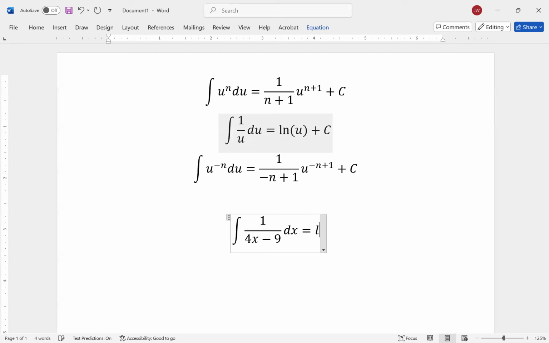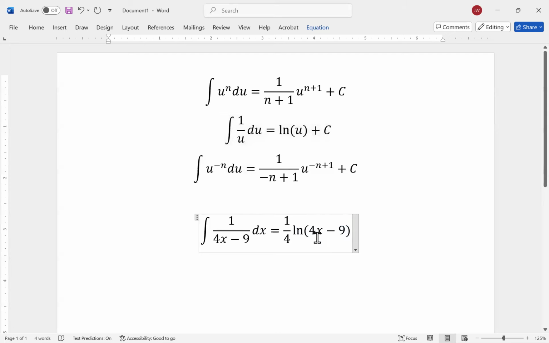And so that's going to be natural log of 4x minus 9. And then because we have that 4 out front, we would divide by a 4. So if we have a coefficient of 4, we divide by a 4.